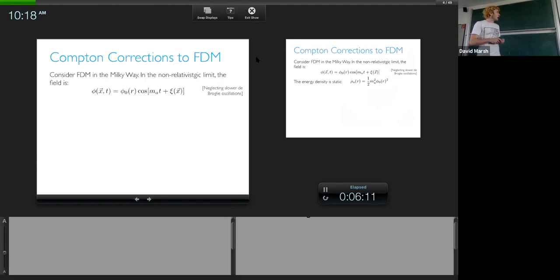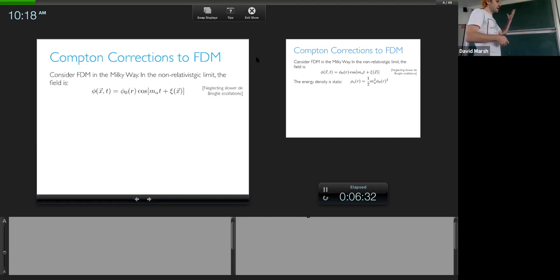So we're looking now at the Compton scale effects of fuzzy dark matter. When we did all of our treatment in Jens's lectures and in the CMB at late times after the axion oscillations begin, we normally integrate out the time scale of the axion mass.